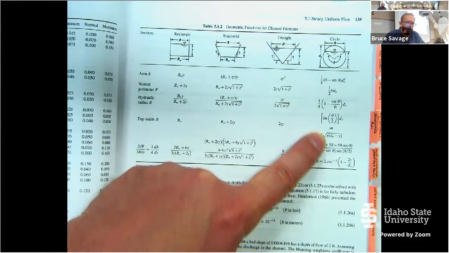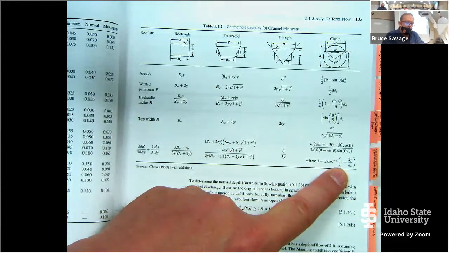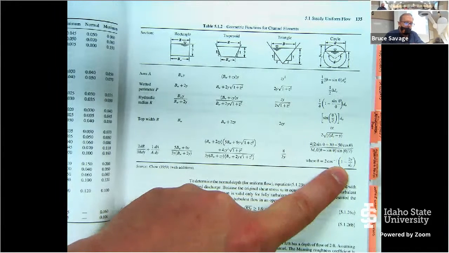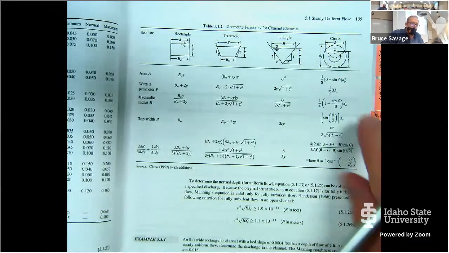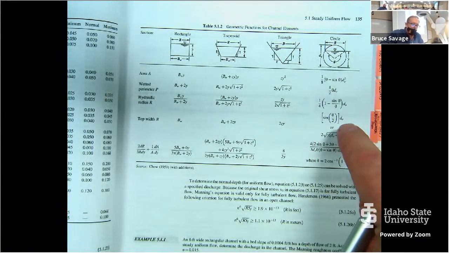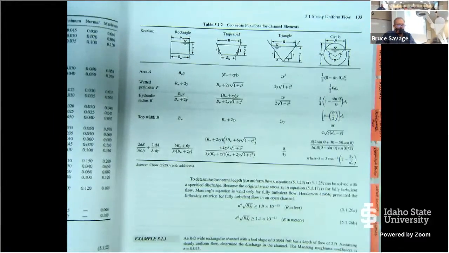And I don't know that it matters. If we stick the top one in here, then we're going to have to stick this bottom one in, and it's going to collapse down to this anyway. So I'm just going to go ahead and stick with that one. I'm going to take each of these equations. I need the area, I need the top width, and that's it, right?